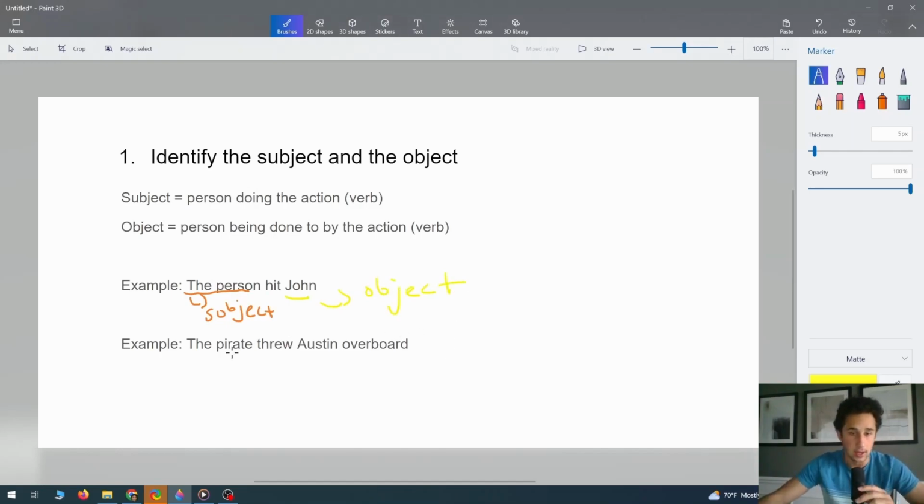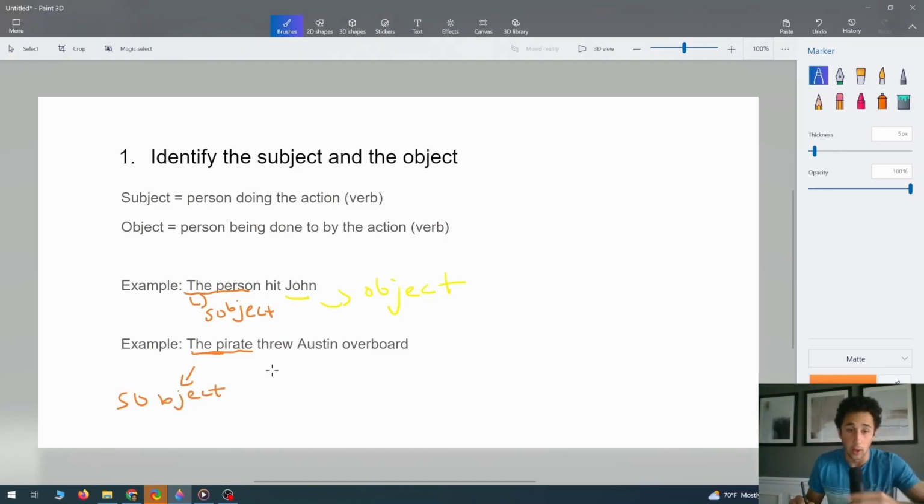All right. Next example, the pirate threw Austin overboard. So in this sentence, who's doing the action, right? The action in this case is threw, and it's the pirate threw. So the pirate, once again, is the subject of the sentence. Sorry for my terrible writing.